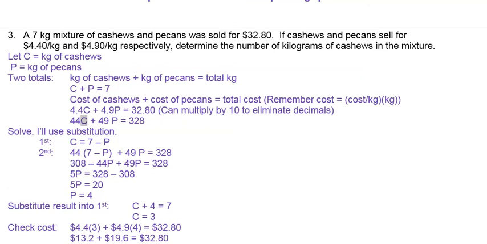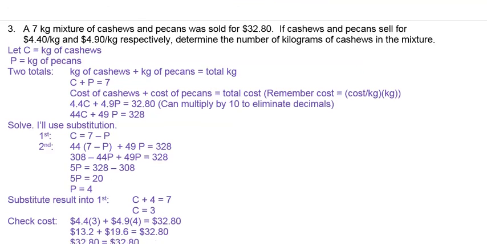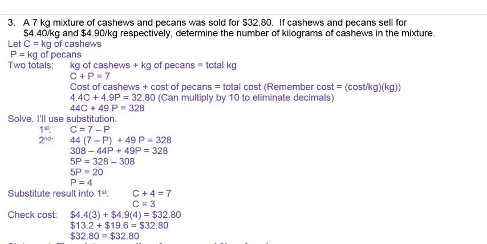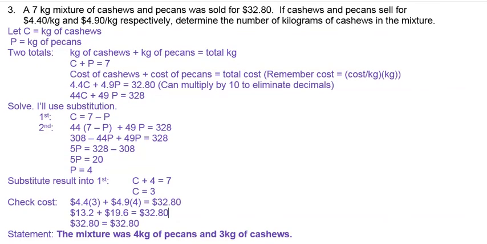I'm going to say these are some old values. You cannot get cashews or pecans for that cheaply today. So we do that and we see that it does work out, so we can write our statement. The mixture was 4 kilos of pecans and 3 kilograms of cashews.